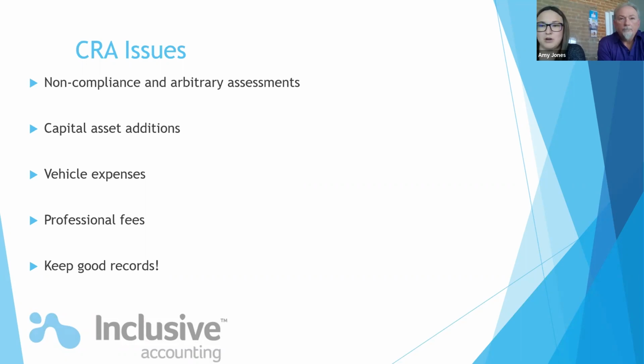Now, those arbitrary assessments are meant to get you moving as a business owner to get that filing actually done. So once that arbitrary assessment is done, you calculate all the numbers and say, this is actually truly what I owe. Your accountant or yourself or your bookkeeper will go in and actually file the HST return. The arbitrary assessment is reversed and it goes based on what is actually filed.